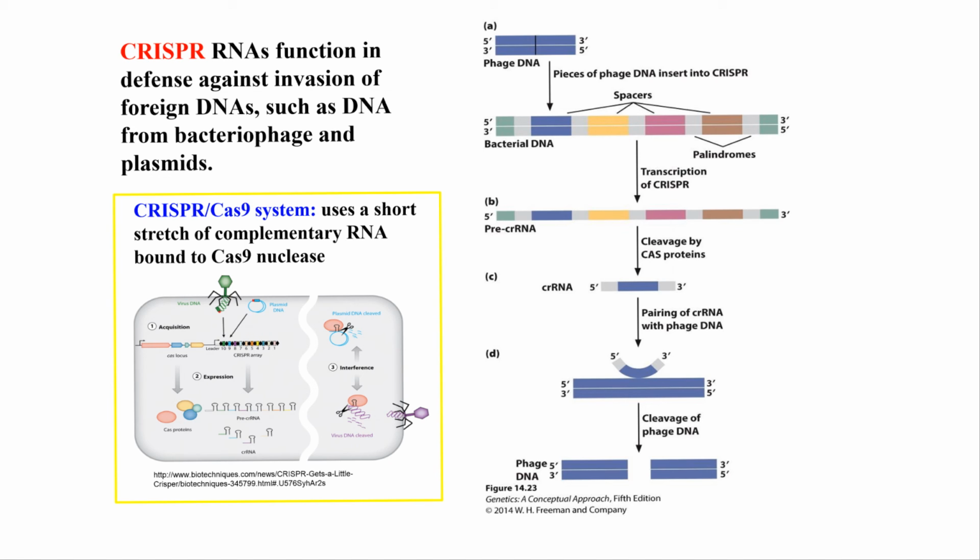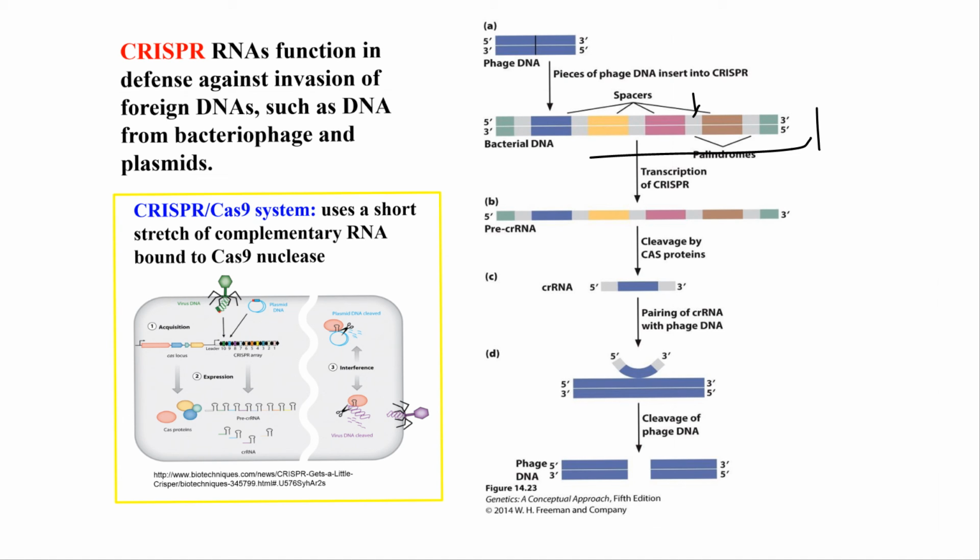In bacteria, they have a so-called palindromic sequence within which they have interspersed regions between those palindromes. Whenever a bacteriophage or DNA pathogen invades bacteria, you remember bacteria have restriction enzymes as a defense mechanism. Those restriction enzymes cleave the invading DNA, and part of that DNA can be incorporated within this palindromic sequence.